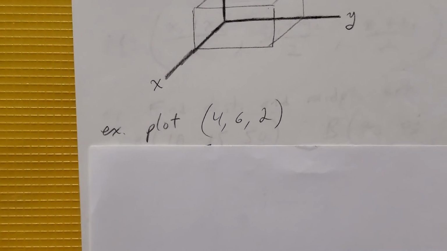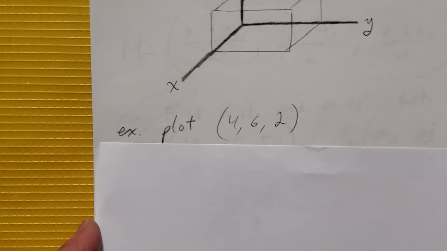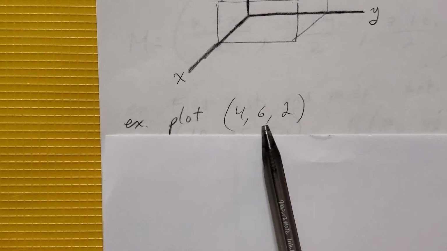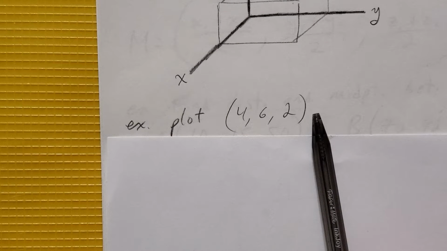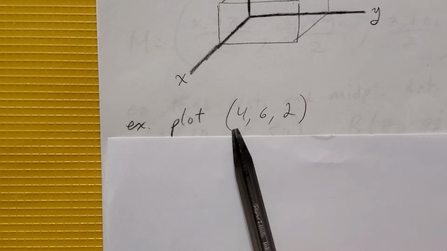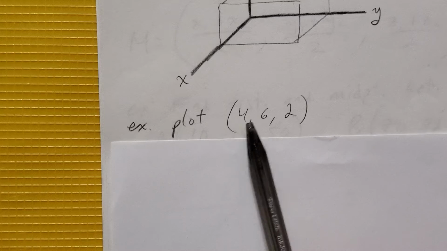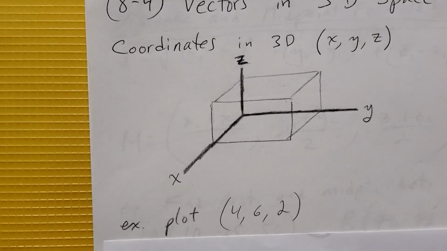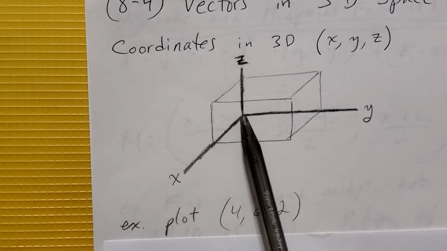So let's practice plotting a 3D point. Where would this point be? 4, 6, 2. This is x, so this is in and out. By the way, coming back here, for the z number, up is positive, down is negative.